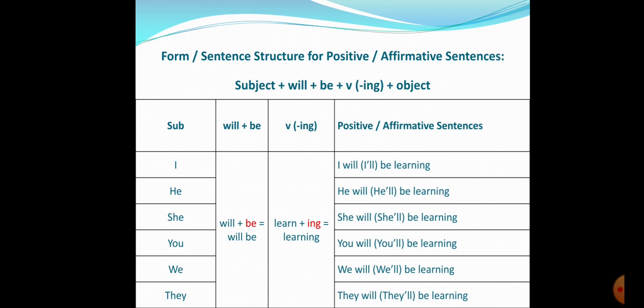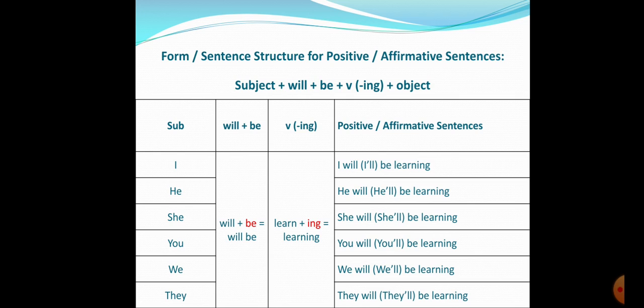Here I have used the verb learn plus ing, so you get learning. I'll be learning, I will be learning, he'll be learning, he will be learning, she will be learning, she'll be learning, you will be learning, you'll be learning, we will be learning, they will be learning, they'll be learning. Understood, student? Easy, isn't it?